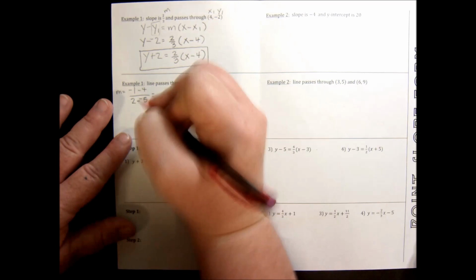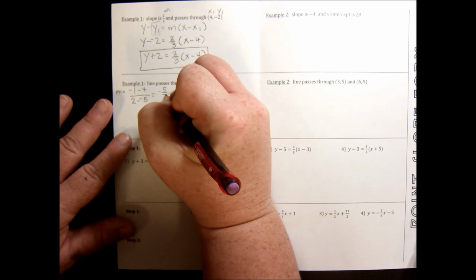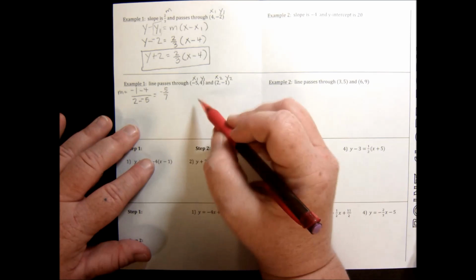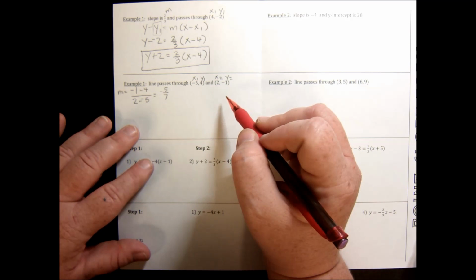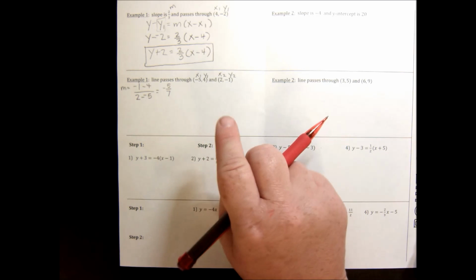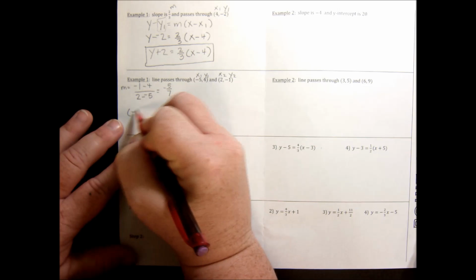So when I simplify, that would be -5 over 7. So now I have a slope, and now I just need to choose 1 point to use in the point-slope form. And I can use either one I want. If I simplified, it would still come up to the same equation. So I'm going to go ahead and use this first one that's already x1, y1.